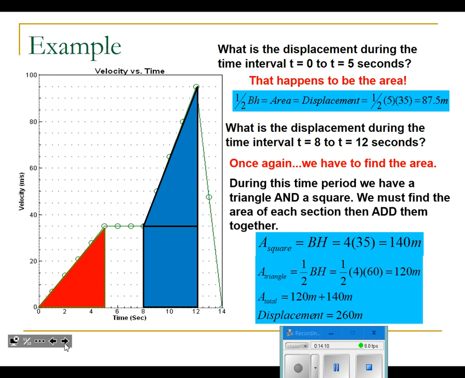Then we could add it all together and find out that our displacement during that time was actually 260 meters. Now, believe it or not, this actually will have a lot to do with a formula we have later on. So I'll be really excited to show you that and how it plays into one of the formulas on the formula chart.